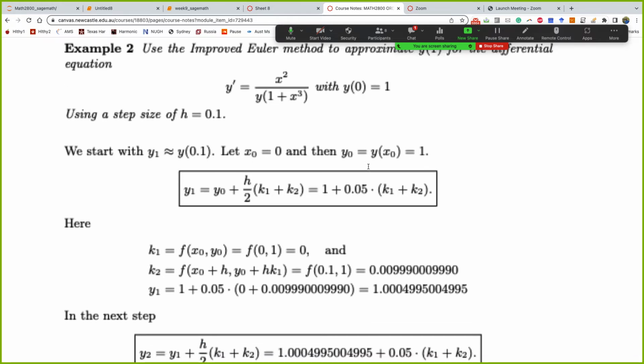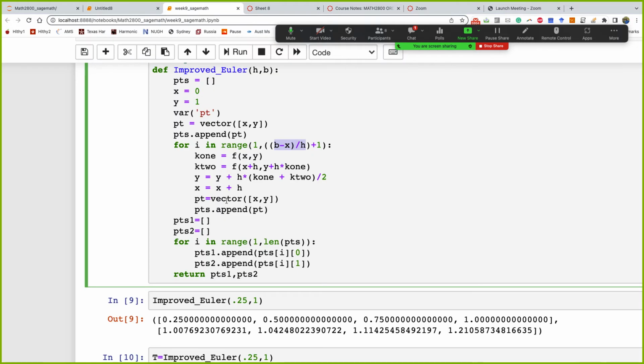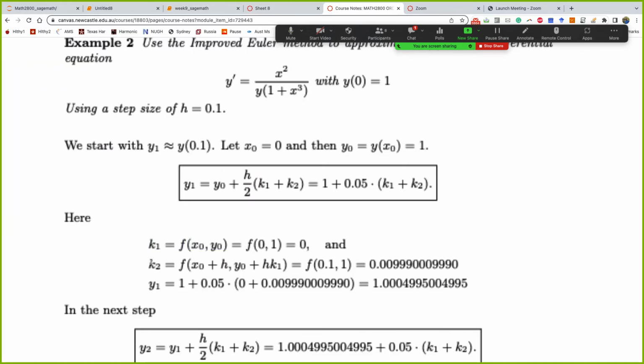This one is evident what it is. y1 is y0 plus h over 2 times k1 plus k2. Okay, and k1 is the easy one, f of x0, y0. Let's go to SageMath. So k1 is f of x and y, k2 is f of x plus h, y plus h times k1. Am I right? Yeah.